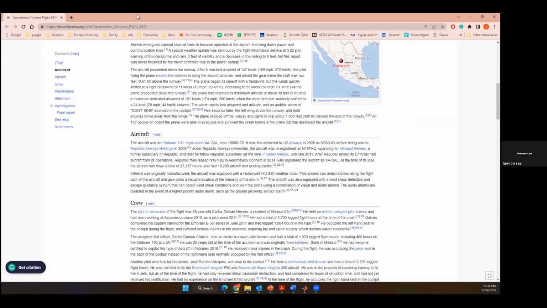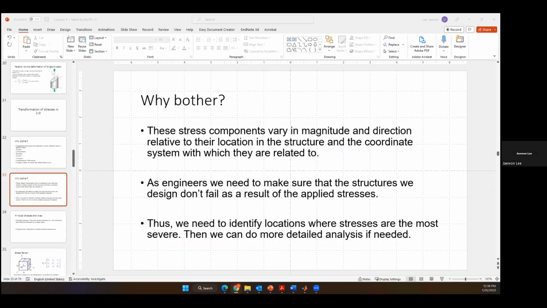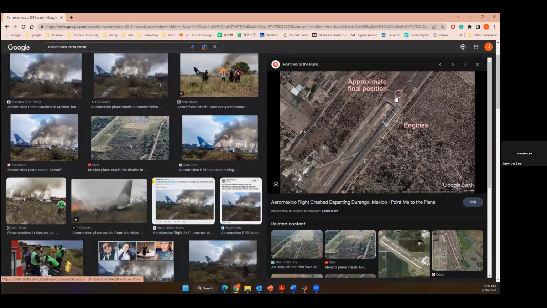There are a lot of reasons, but one of the reasons is that the engine could be detached from the body. Even though there are a lot of gears in the wings, the engines detached.